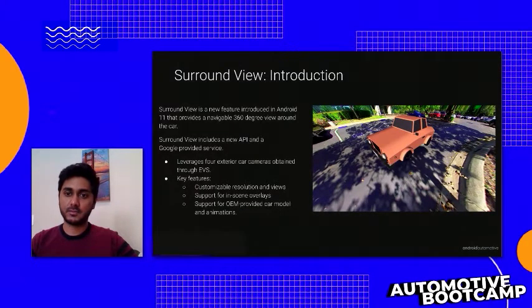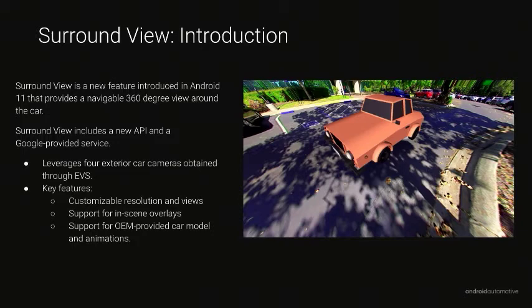Surround view is a very popular feature, available in almost all new cars now. Basically, the idea is to give the users a sense of safety and assistance to the drivers while driving or parking. It involves using cameras installed all around the car, stitching them and presenting them to the user in a way that is helpful.